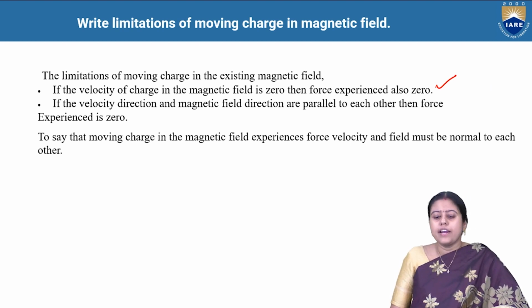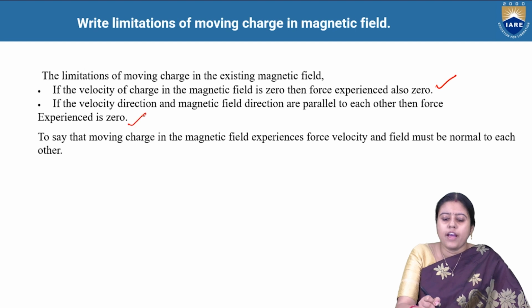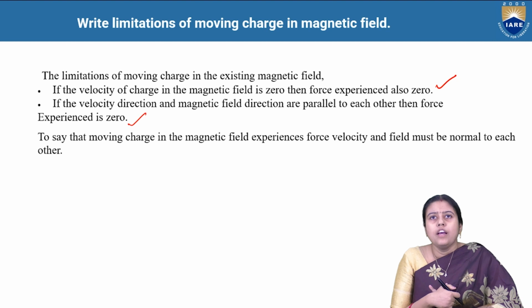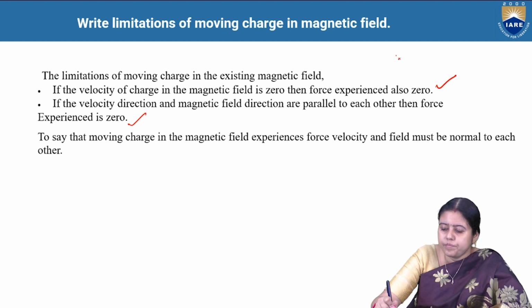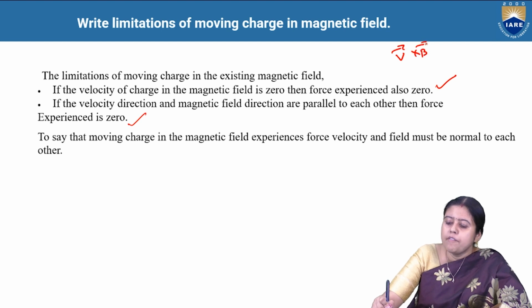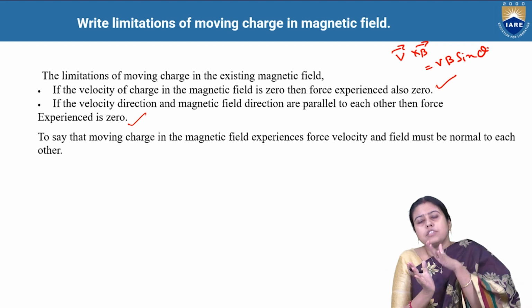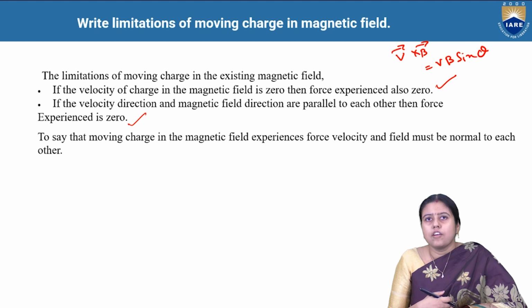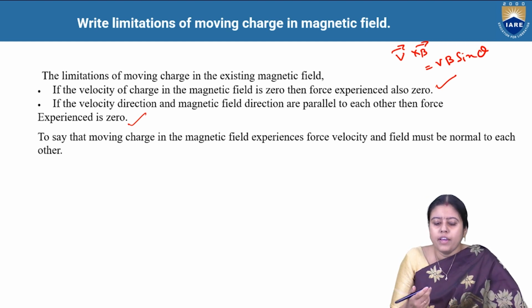If the velocity direction and magnetic field direction are parallel to each other, then the force experienced is 0. V cross B means VB sin theta. So if the velocity is parallel to the flux intensity, theta is equal to 0, and the force will be 0.